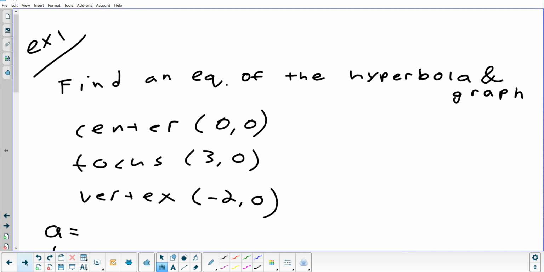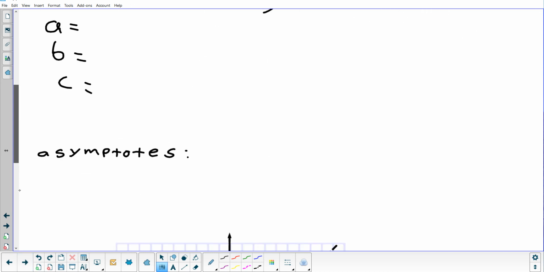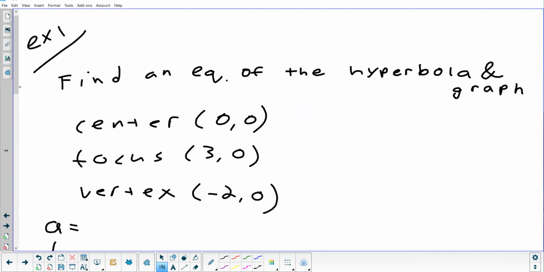All right, so let's find the equation of this hyperbola, and we're going to graph it. Okay, so center, 0, 0. Focus is 3, 0. Vertex is negative 2, 0. Before we do a nice sketch, let's just figure out which way the transverse axis is going to go, and that'll tell us which equation we use, because I showed you two.